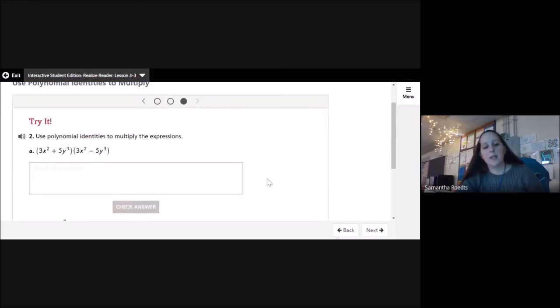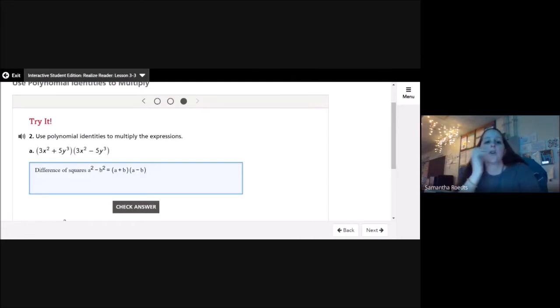All right, use polynomial identities to multiply the expressions. So I have (3x squared plus 5y cubed) times (3x squared minus 5y cubed). So this is going to be a difference. Okay, so this is actually a difference of squares. So a squared minus b squared equals (a plus b) times (a minus b).